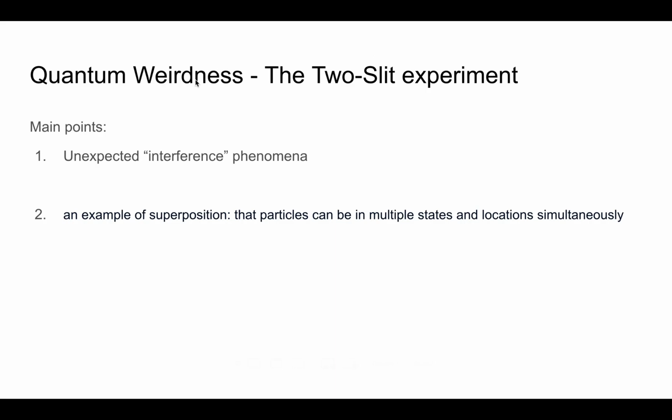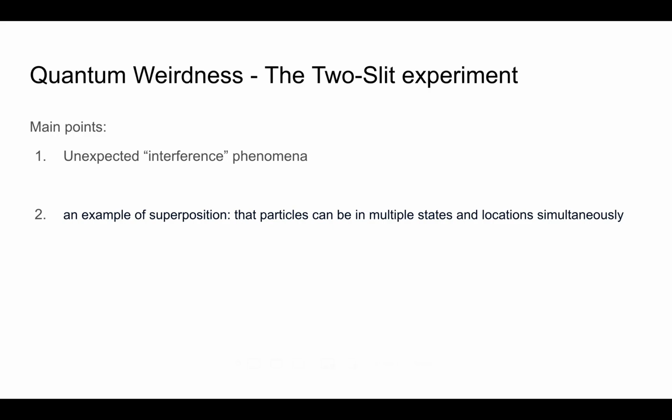Moving on, we'll talk about quantum weirdness, specifically the two-slit experiment. Basically, the two-slit experiment illustrates superposition, that electrons can be in multiple states and locations simultaneously. This may go against our intuitive understanding of the macro world, because in the world we live in, humans exist in one particular place at one time.